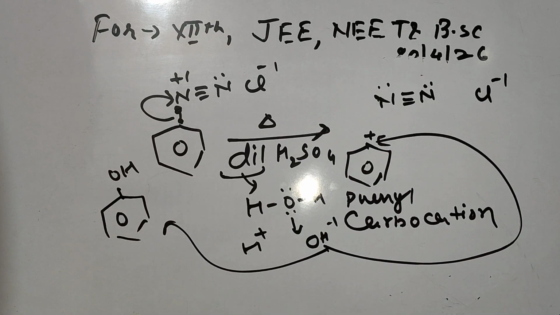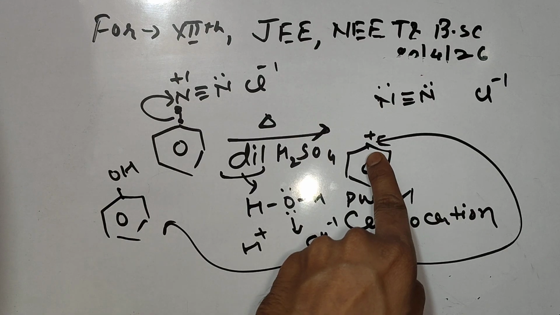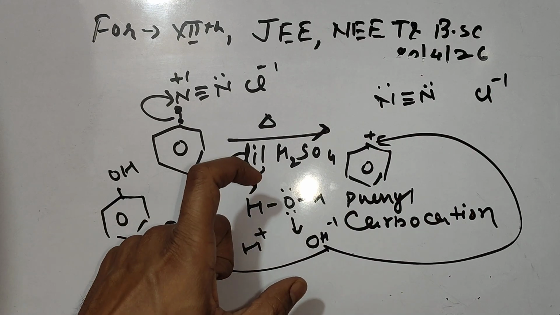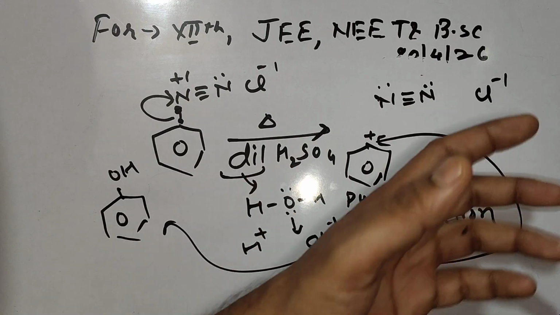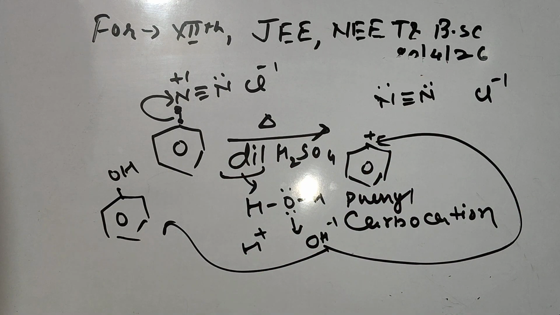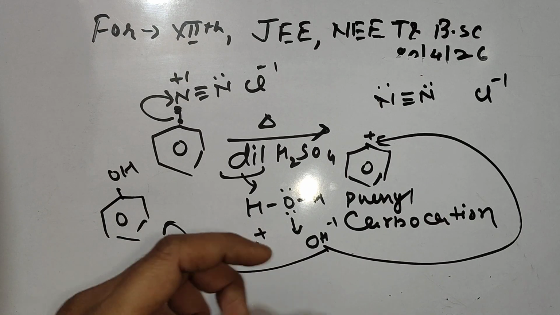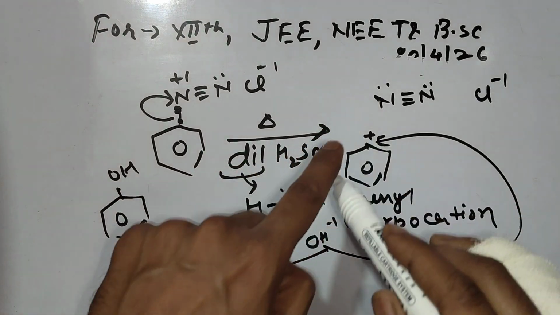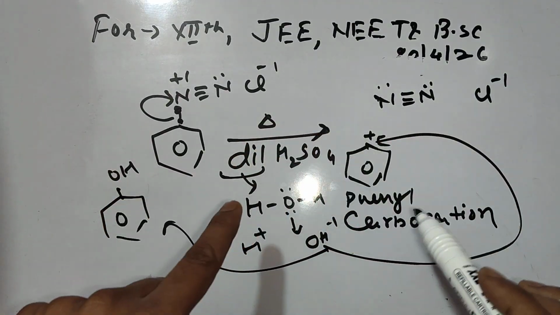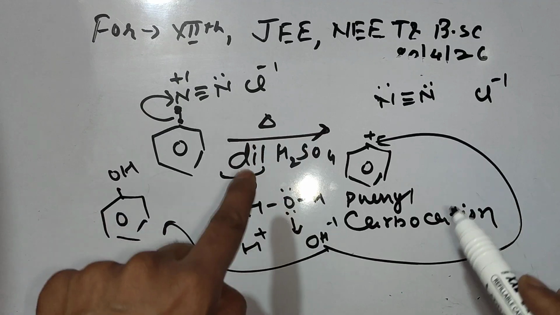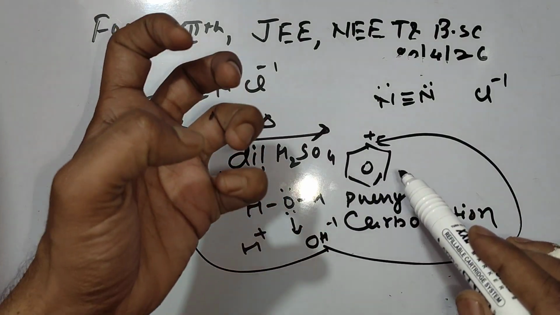Now the question in my mind was, why is OH negative attacking the carbon? Why not Cl negative? The answer is, the amount of water is very high compared to Cl negative. When I say dilute, it means excess water. Obviously, these water molecules are going to surround this phenyl carbocation. It will be completely surrounded by water molecules because we are talking about dilute condition.